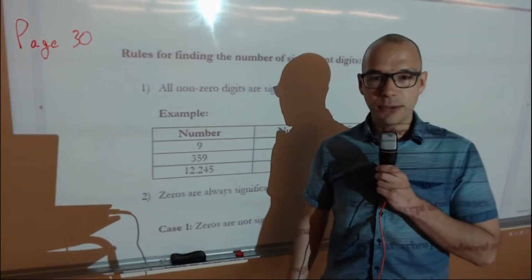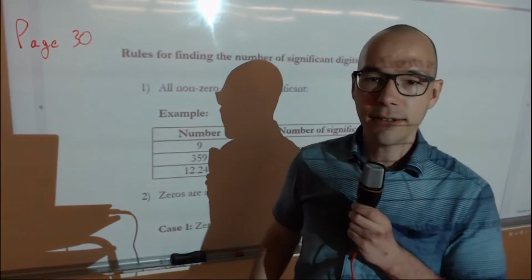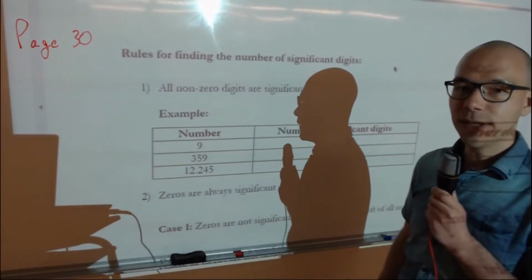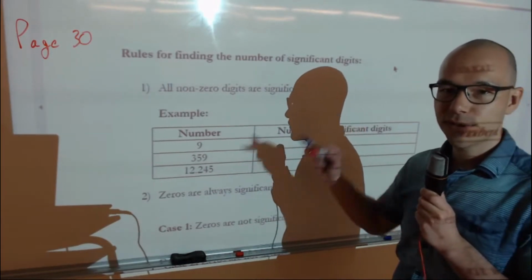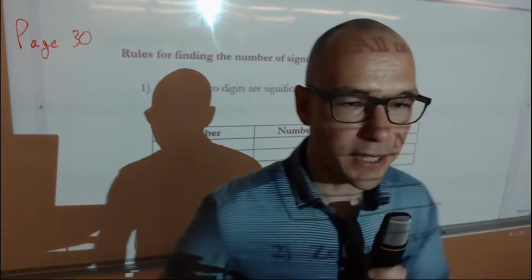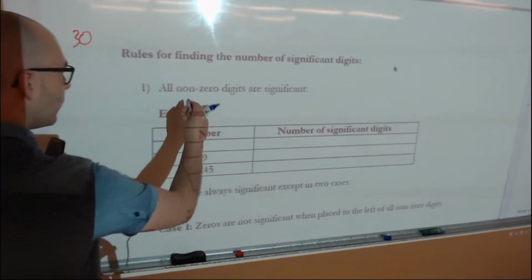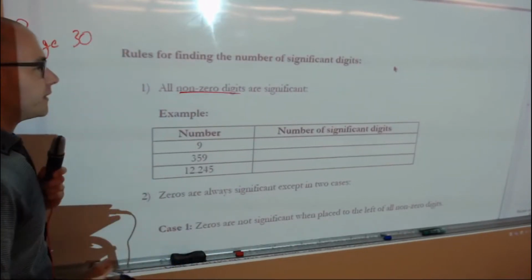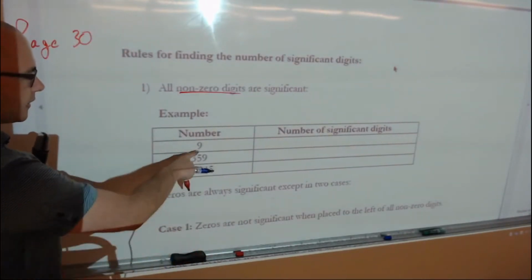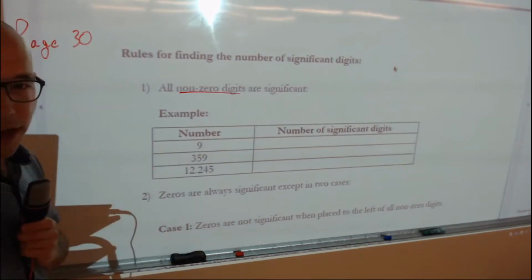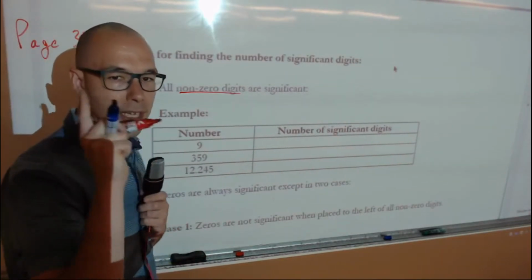So now the rules for finding the number of significant digits. I'm going to start with the first rule, the easiest one. All non-zero digits are significant, like the number 9. The number 9 has one significant digit.